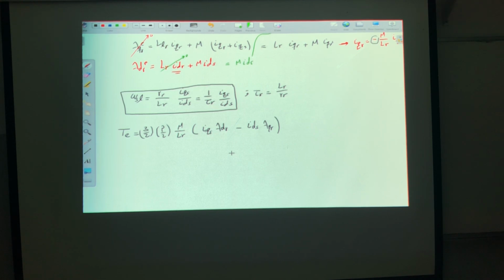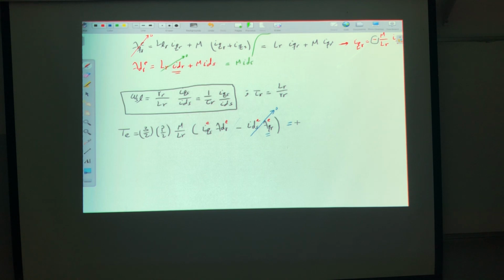So now, in the synchronous rotating reference frame, according to my selection of pointing the reference frame, we know that this one is equal to zero. Why? Because lambda QR is equal to zero.